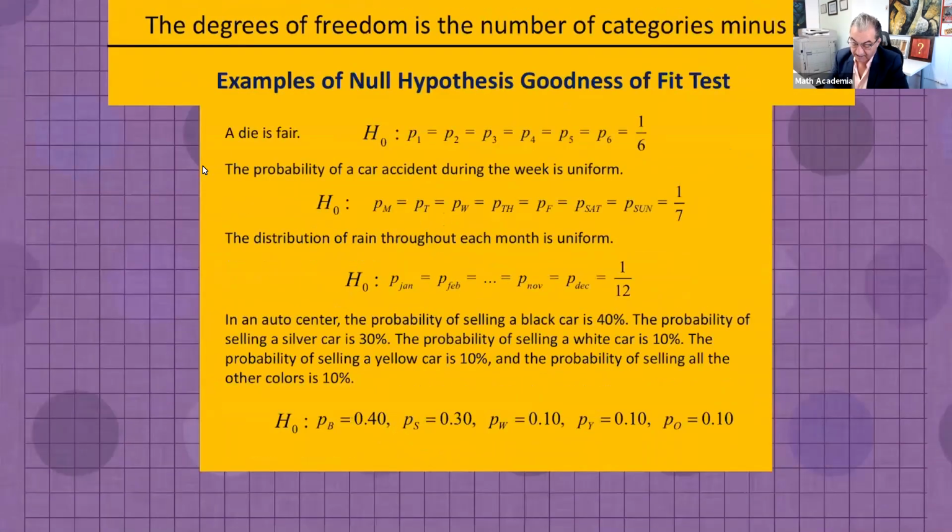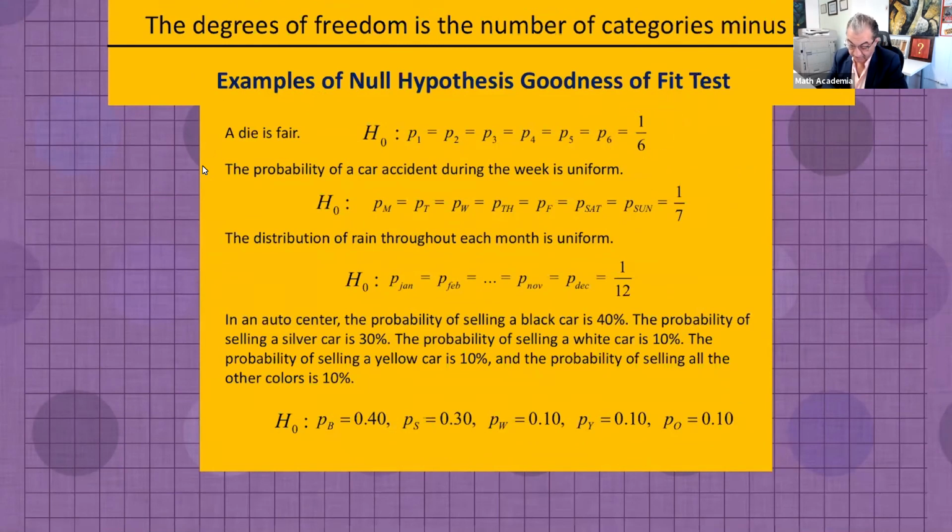Now here are examples of null hypotheses for goodness of fit tests. For example, we can check to see if a die is fair. What is a fair die? When the probabilities of all the numbers are the same and it's 1/6. So for H0, you write P1 equals P2 equals P3 equals P4, P5, P6, and that equals 1/6.